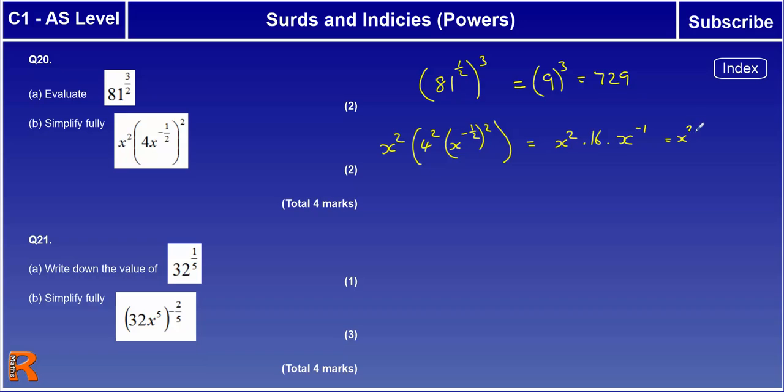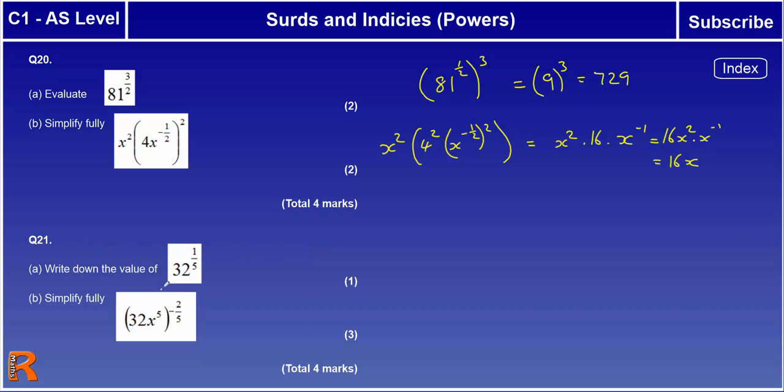Let's put the 16 at the front. So we've got 16 x squared times x to the minus 1. When you times two powers with the same base, you add the powers, so it's 2 plus minus 1 is just 1, so that's just x to the power of 1, which is x.